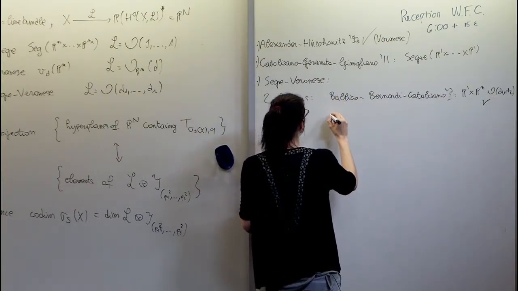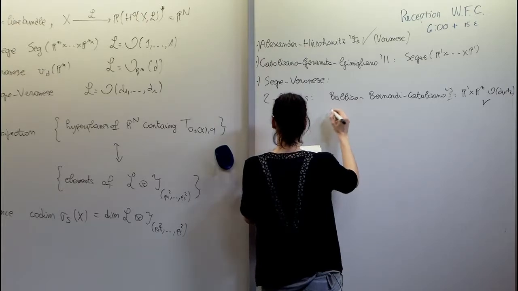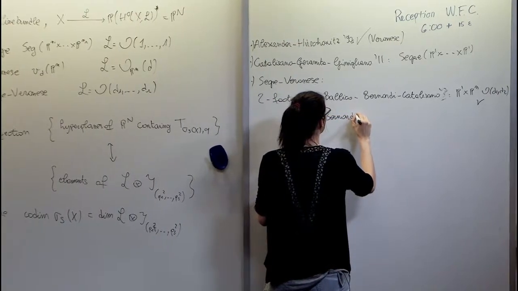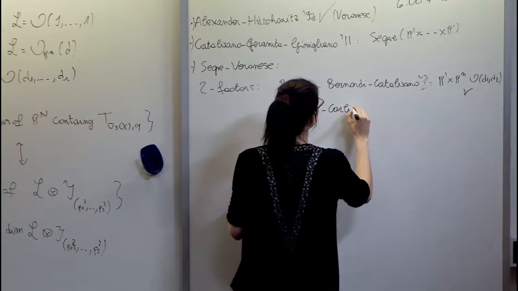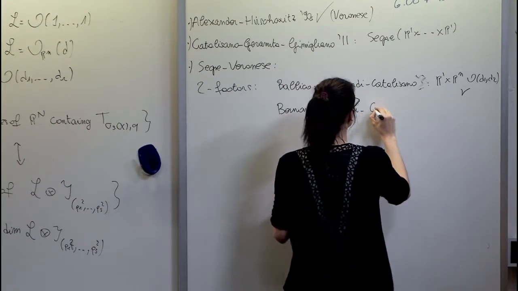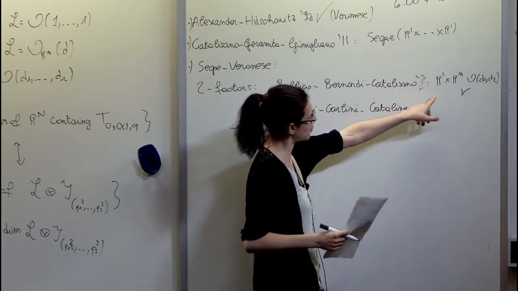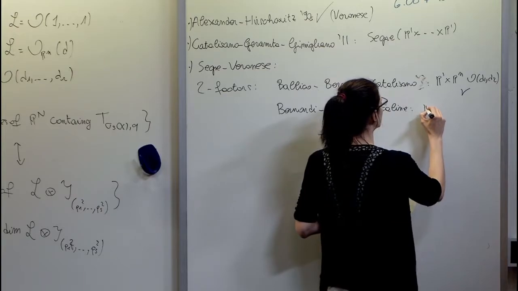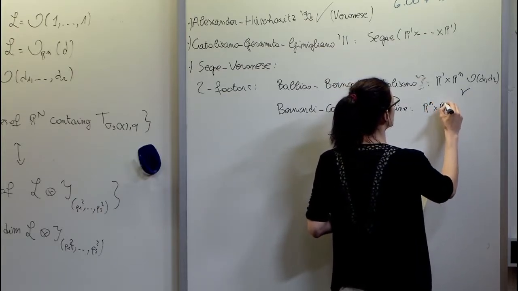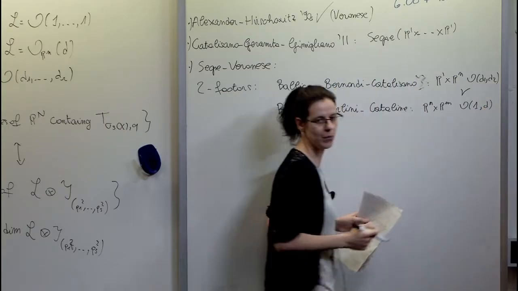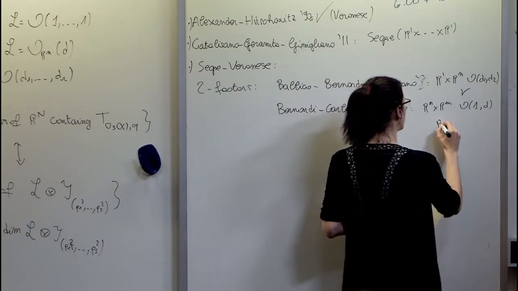And also, again, Alessandra, Enrico, who was here last week, Carlini, and Catalisano, they gave some partial classification for the case of P^n times P^m, but with bidegree (1, something), and this is partial.